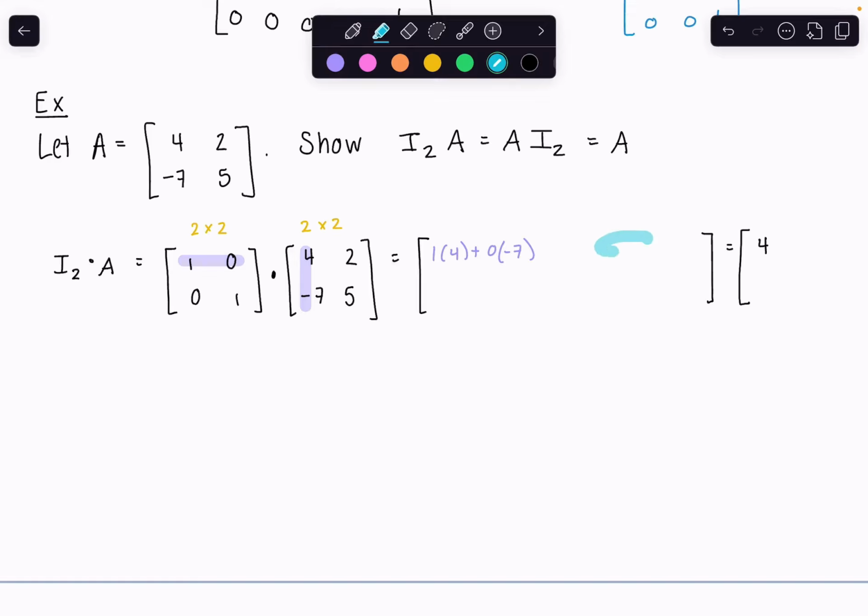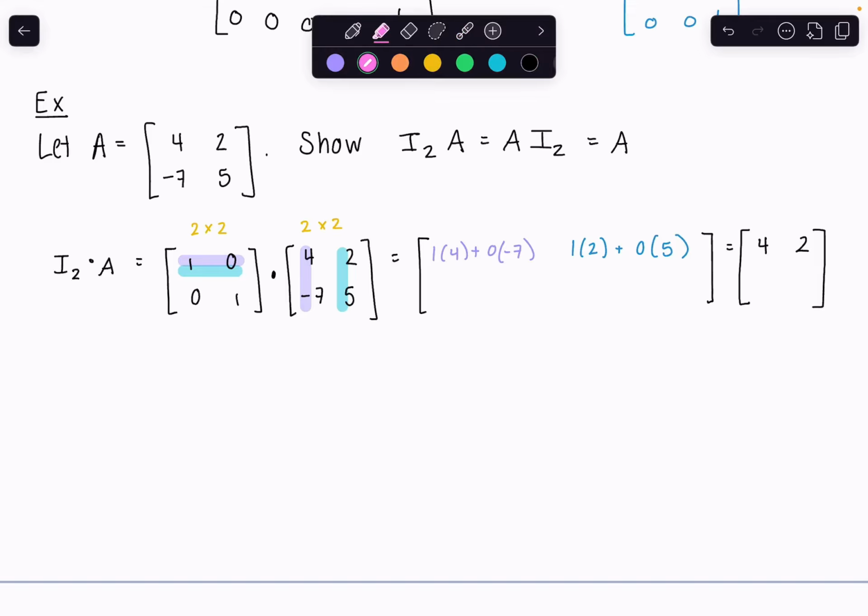Now I'm going to find what's in the second spot. In that case, it is my first row, second column. So we multiply those together. That gives us 1 times 2 plus 0 times 5, and the result of that is just a 2, which is exactly what I want. Okay. And then to move on, this would be the second row, first column.